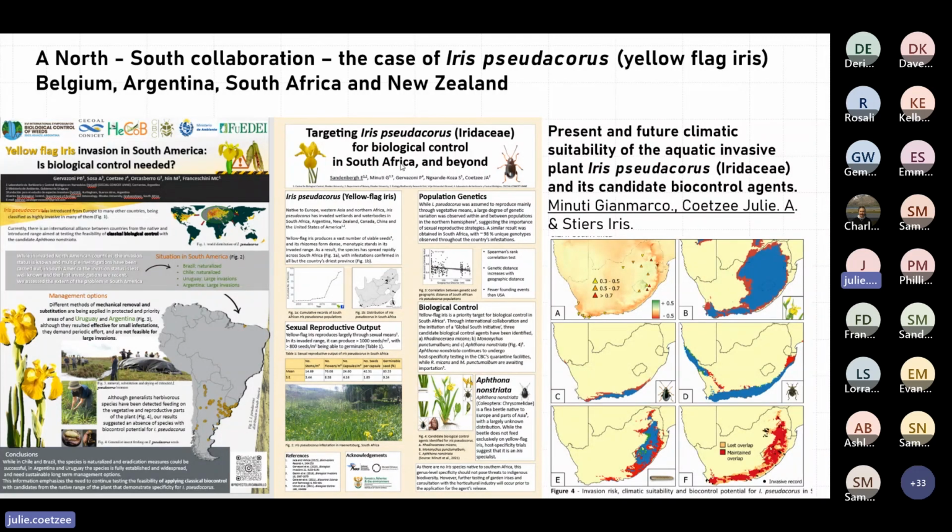We've really been able to look at the ecology and distribution of this plant, and look at potential biological control agents for this plant that Gianmarco surveyed for in Belgium. So this program is moving forward really nicely as an example of a north-south collaboration.